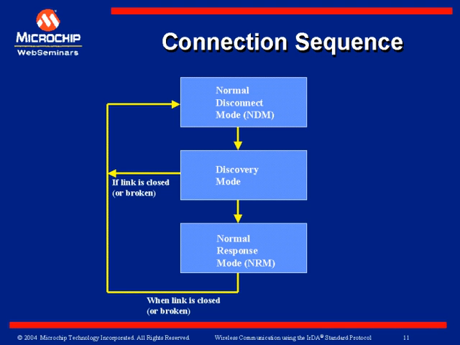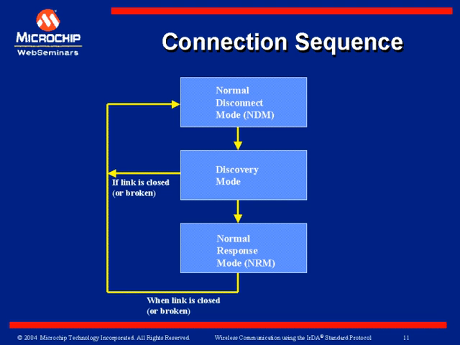When it comes in contact with a device that it would like to talk to, the next state would be discovery. And that's where it determines the characteristics that the two devices can support. Maybe one device has the capability to do an IR baud rate of 115.2K baud, but the other device is limited to 9600 baud.